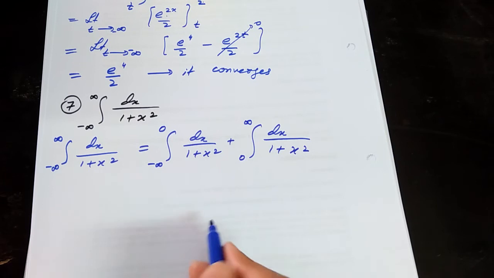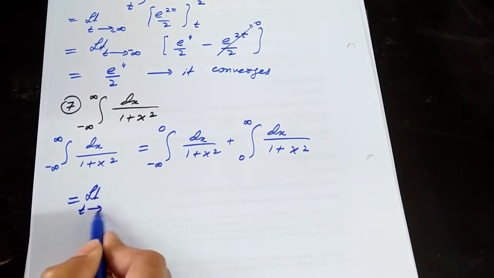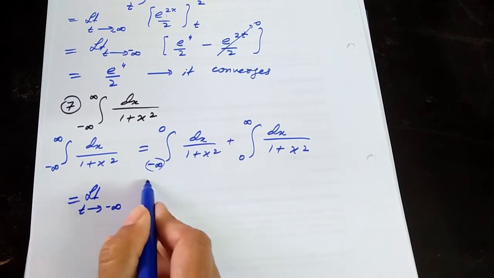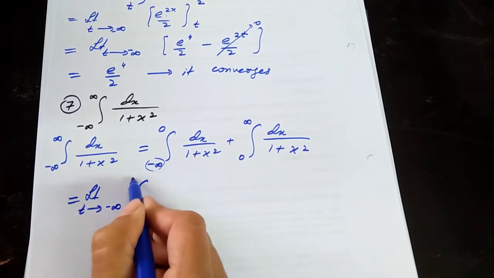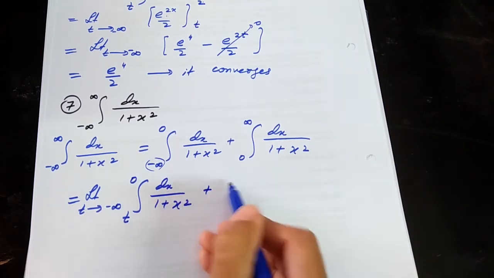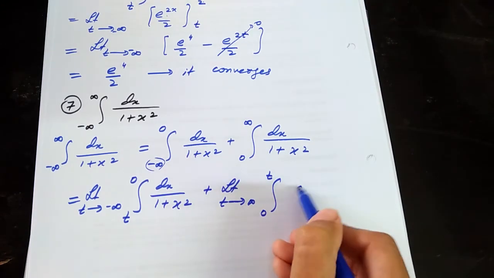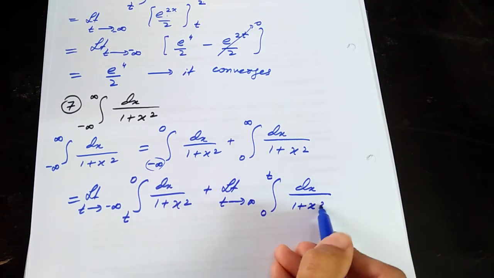Now this term will become the limit as t approaches negative infinity. Now replace this negative infinity with t and upper limit 0, dx over 1 plus x square, plus the limit as t approaches infinity, replacing that infinity with t, dx over 1 plus x square.